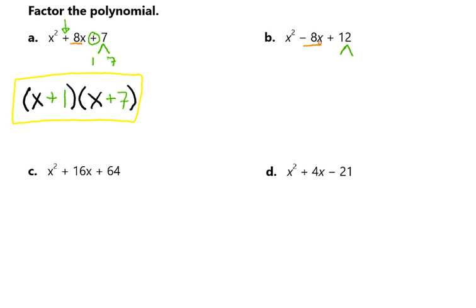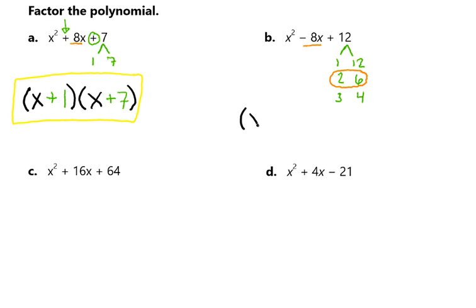So the factors of 12 are a little bit longer than the factors of 7. Because to get 12, we can go 1 and 12, or 2 and 6, or 3 and 4. So we want to know which of these factors could possibly add or subtract to get the number 8. And here we see that 2 and 6 could make an 8.